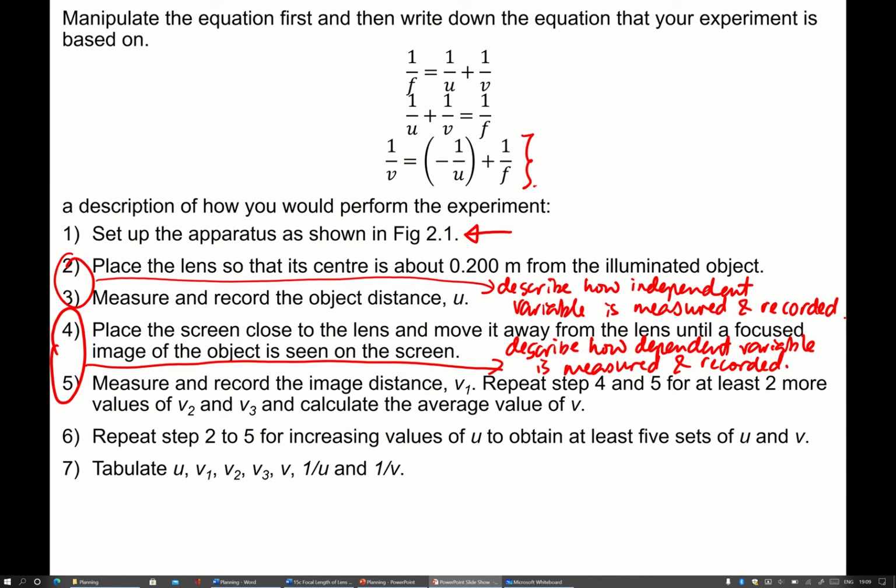Now, careful, if you look at the way I write it and the way that you have been given, it sounds slightly different.